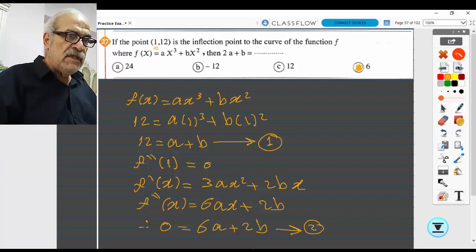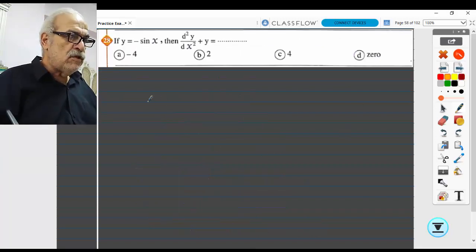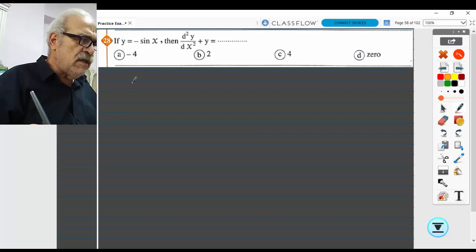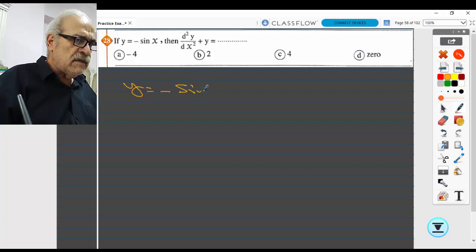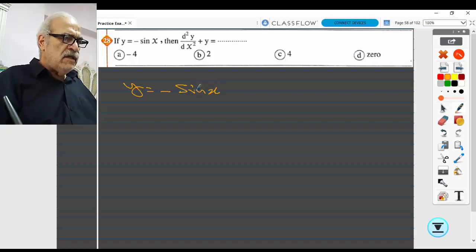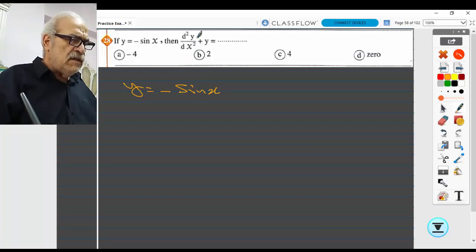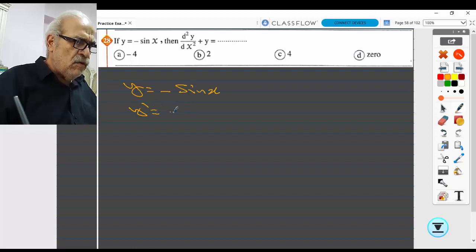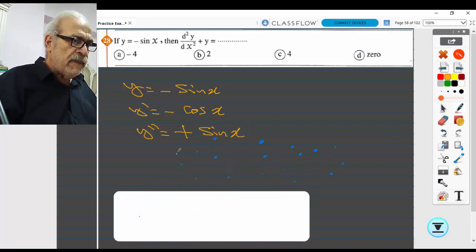Now question 28. We have y equals negative sine x. And the required is to find d2y over dx squared plus y. So we find y dash, which equals negative cosine x, and y double dash, second derivative, equals positive sine x.